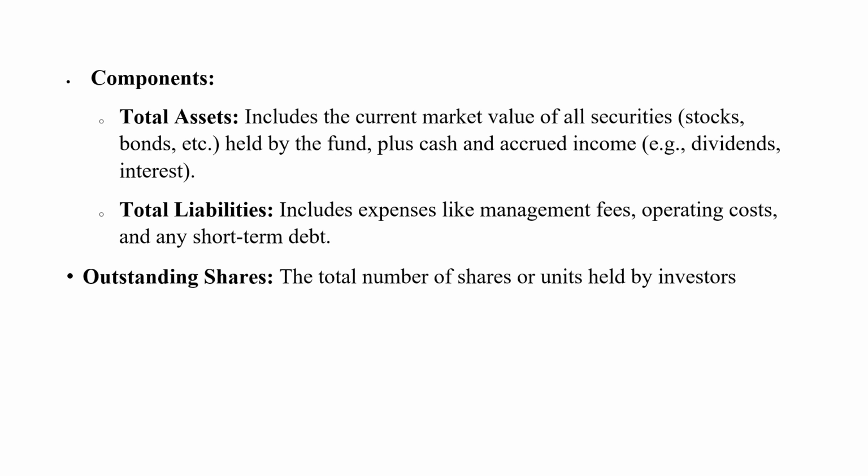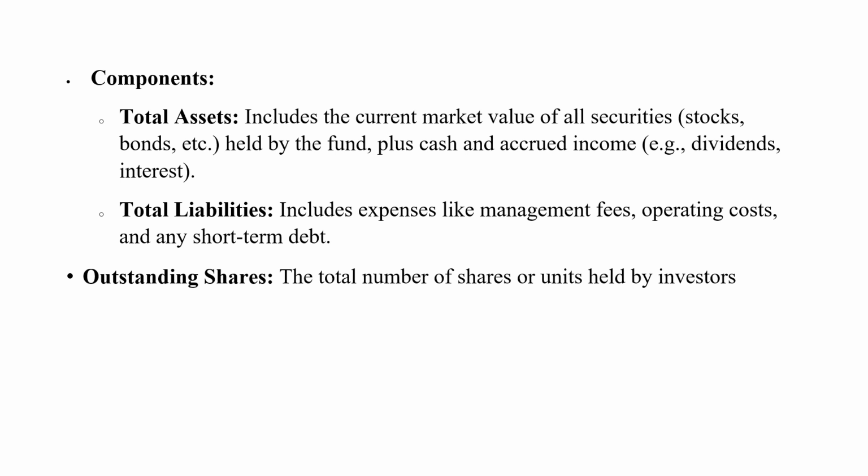When we add securities, cash equivalents and accrued income, 100 plus 20 plus 5, altogether the assets become $125 million.